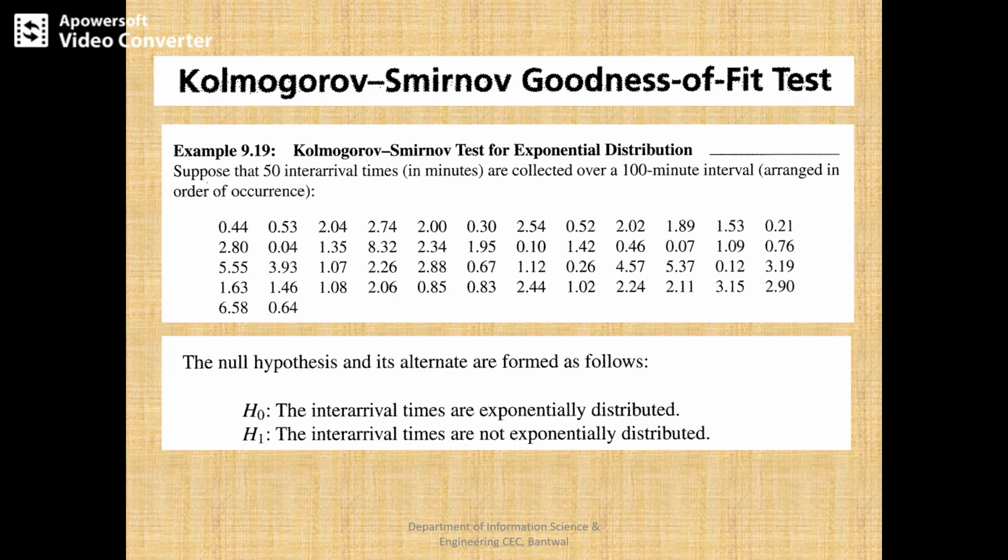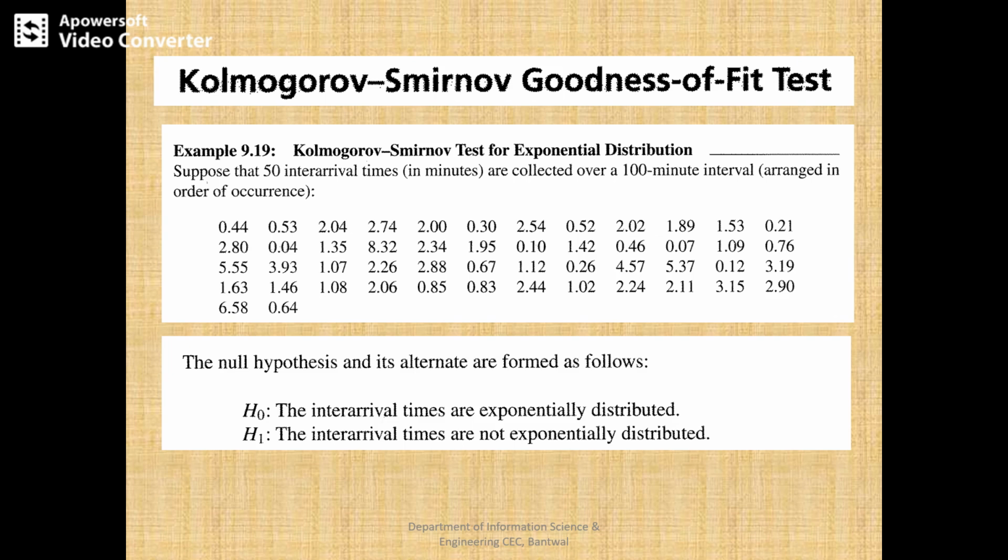Like that T1 plus T2 plus T3, whatever arrival times we have calculated, divided by T, up to T1 plus T2 plus dot dot dot T50, because 50 numbers were taken here, divided by capital T 100.